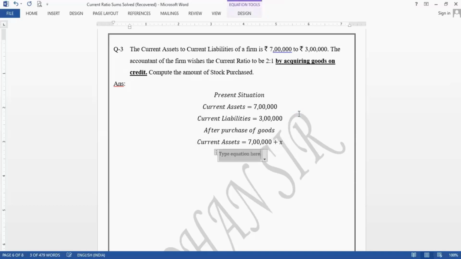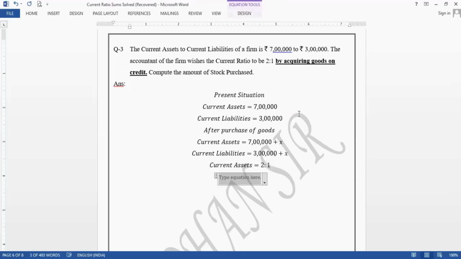In the same way, because the goods are purchased on credit, my current liabilities also increase by the same amount, that is 3 lakh plus X. After the purchase of goods, current assets is 7 lakh plus X, current liabilities is 3 lakh plus X, and the current ratio after the transaction is 2:1. That is what is given.